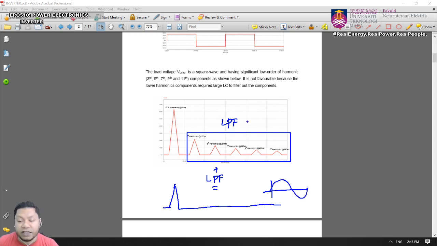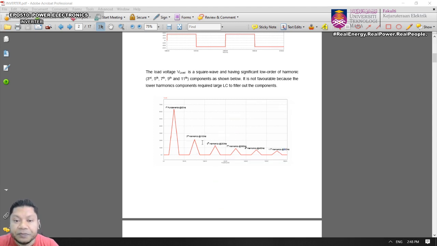That's why we need the filter to remove all the harmonics here. But again, because the frequency is very high, you're going to have a very high L and C. So the components L and C will be very large, and so it's not favorable. It's not usually used. Okay, so that is the square waveform.